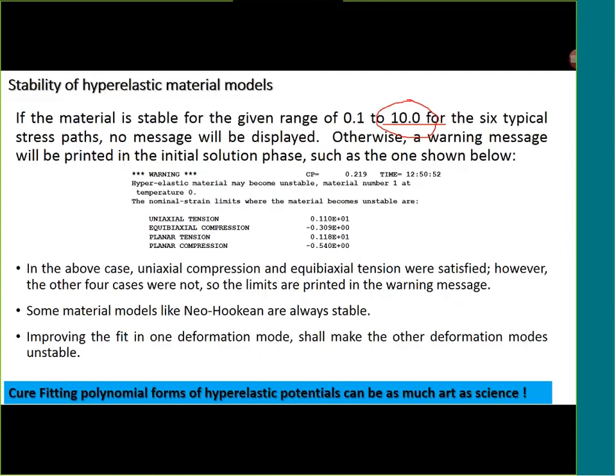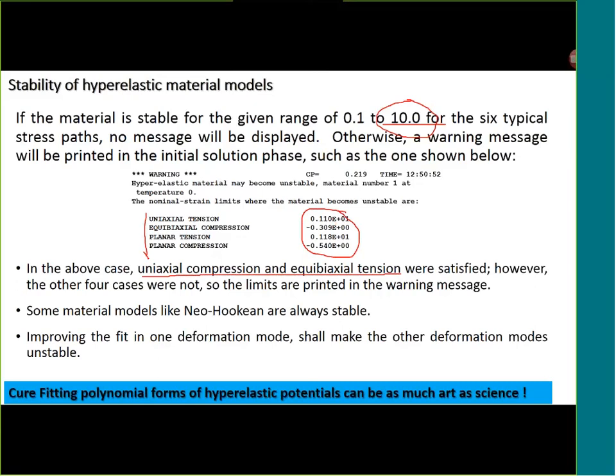In this case, I am giving one example. Out of all the 6 possible modes, it has printed only 4 modes. It means that there is no stability issue in the uniaxial compression and the equibiaxial tension, which are not printed here. For all other modes, if the stretch value goes beyond this particular limit, the material will become unstable. You may not be able to solve the problem.